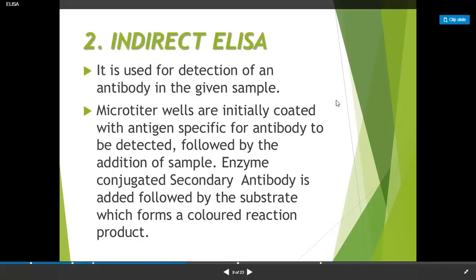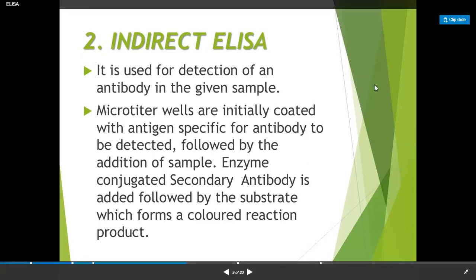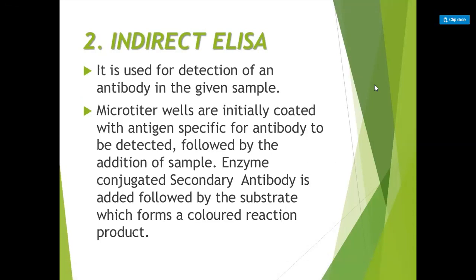In the indirect ELISA, it is used for the detection of an antibody in the given sample, and microtiter plates are initially coated with antigen which is specific for the antibody, and then we add a sample, and then an enzyme which is conjugated with the secondary antibody is added.